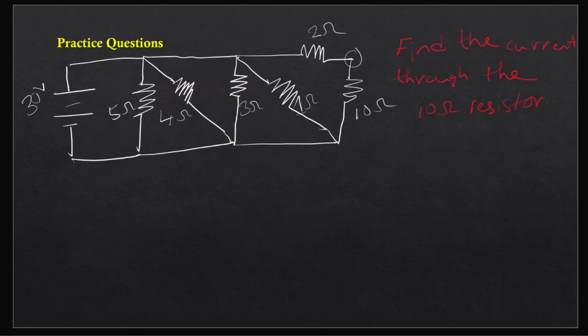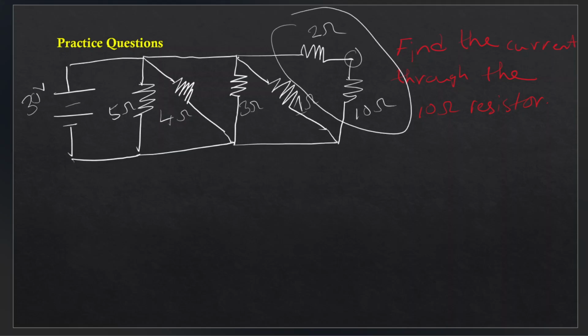The current through all the series resistors will be the same. So for finding the current through the 10 ohm, we have to find the current through the 2 and 10 ohms in series, so basically the current of this branch.